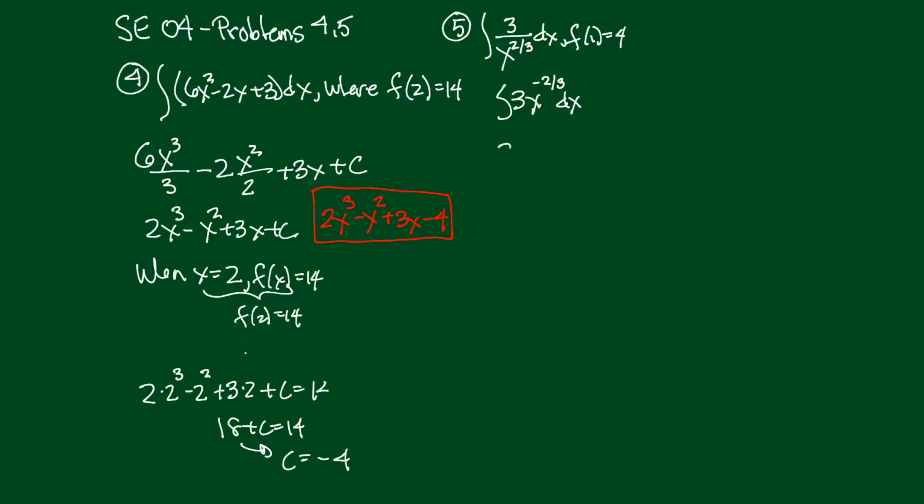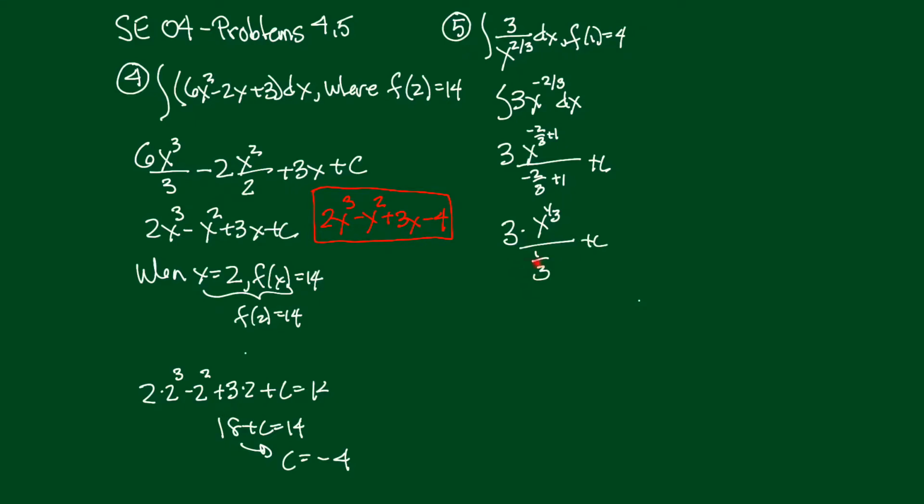So this is going to give us 3. Now x to the, right, let's write it all out. Negative 2/3 plus 1 over negative 2/3 plus 1 plus c. This will give us 3 times, all right, x to the, now what do we have in the top? Negative 2/3 plus 1. Negative 2/3 plus 3/3 is 1/3 over, all right, 2/3 plus 1 is 1/3 plus c.